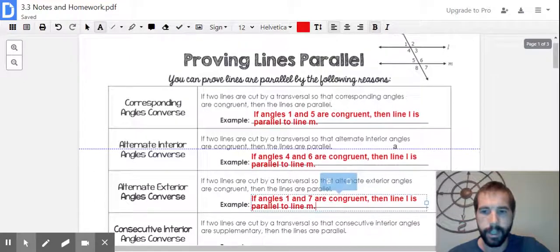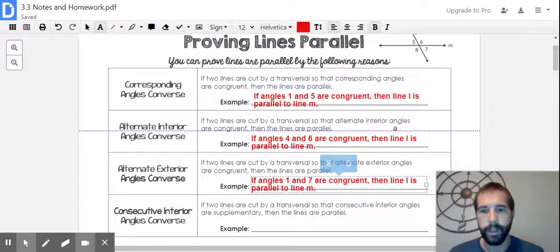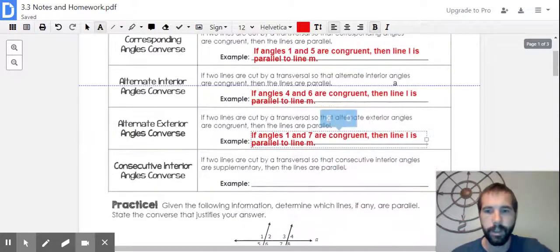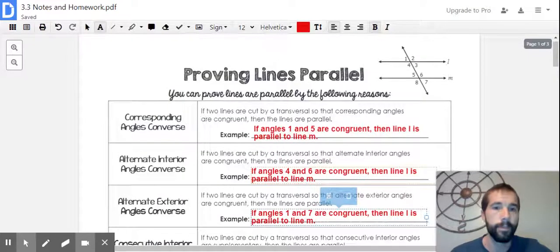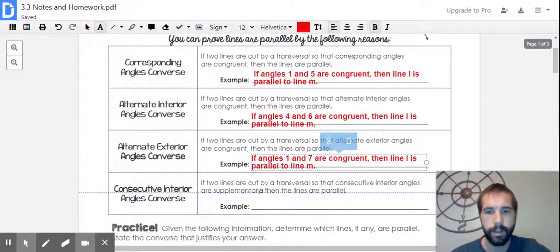All right, and then lastly, the same thing works with consecutive interior angles. If we can prove that if two lines are cut by a transversal so that the consecutive interior angles are supplementary, then the lines are parallel. So let's pick a pair of consecutive interior angles. So for example, 4 and 5 or 3 and 6.